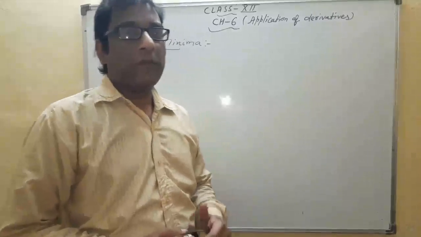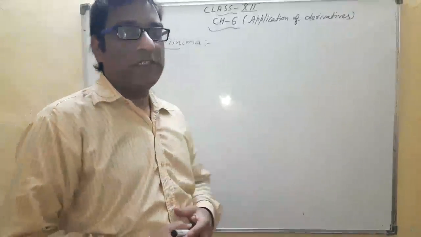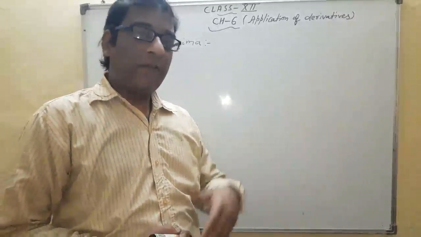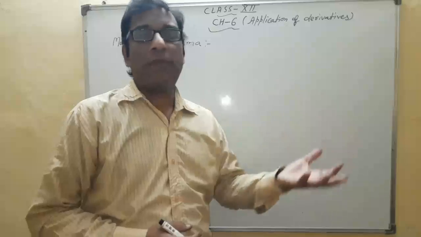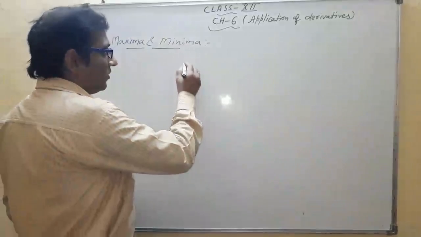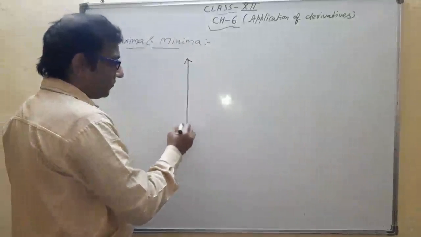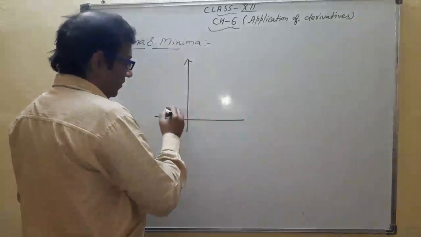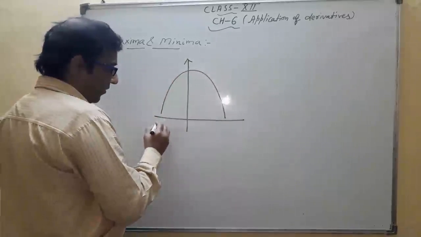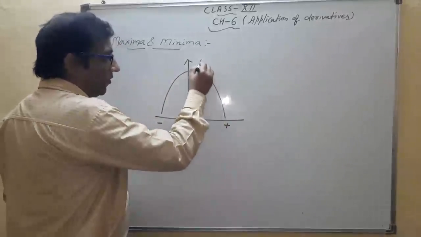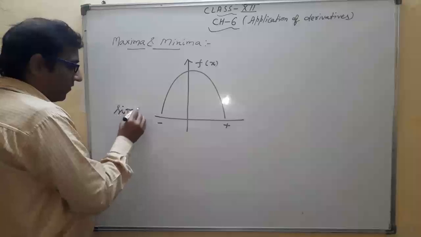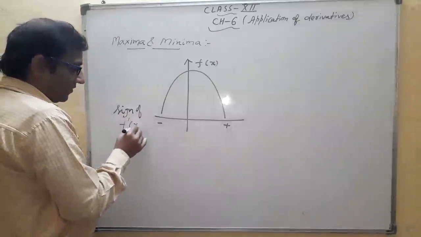Now I am continuing with some graphs, and with the help of these graphs we will easily identify when a function has a local maxima and when it has a local minima. So for example, this is the graph for a function going from negative to positive, and these are the signs of f dash x, right?